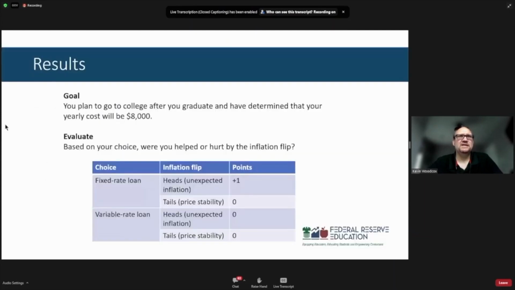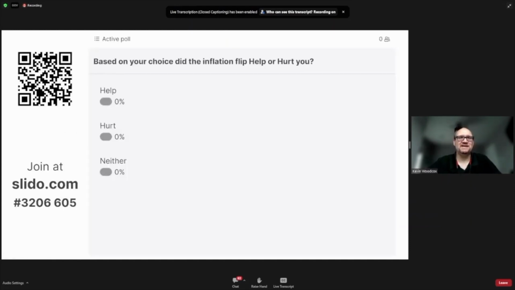So in this situation, that fixed rate loan, if you got heads with unexpected inflation, you gain a point. Everyone else, you would get no points. So were you helped or hurt by this inflation flip?